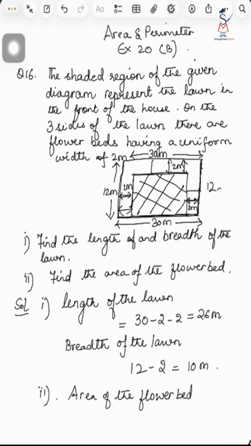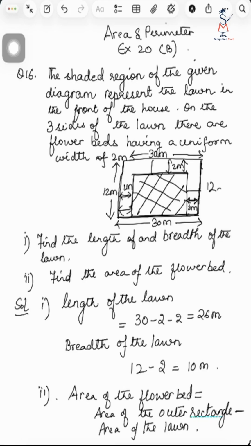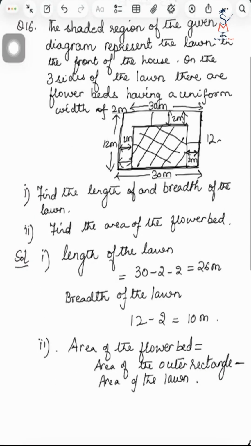So what I will do, area of the flower bed is area of the outer, you can call it outer rectangle, minus area of the lawn will give you area of the flower bed. Right?